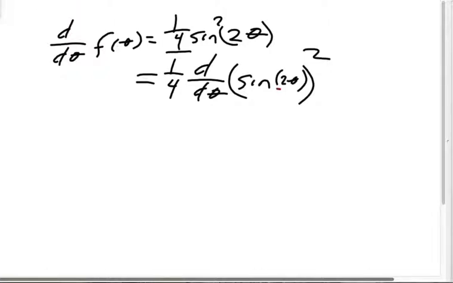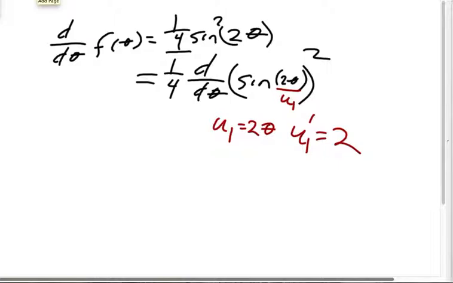All right. Well, I've got one nested inside of here already. So the first thing I need to do then is I'm going to have, and this will be u1. There's my first u. So u1 will be equal to 2 theta. u prime sub 1 is 2.